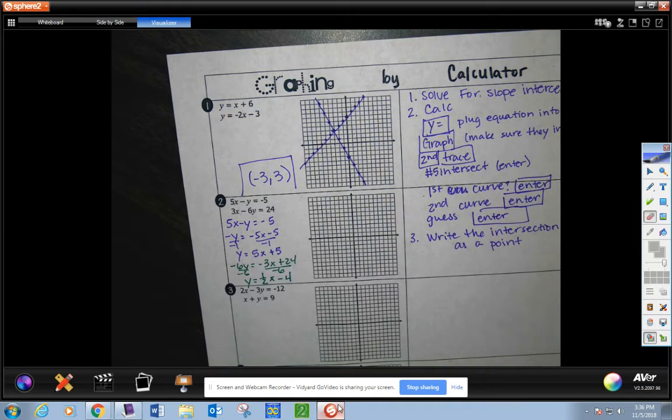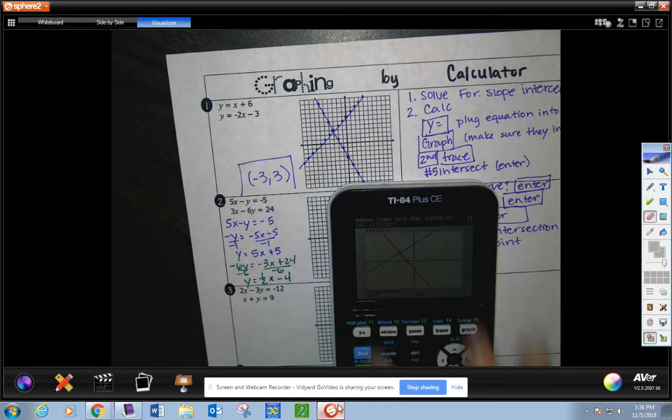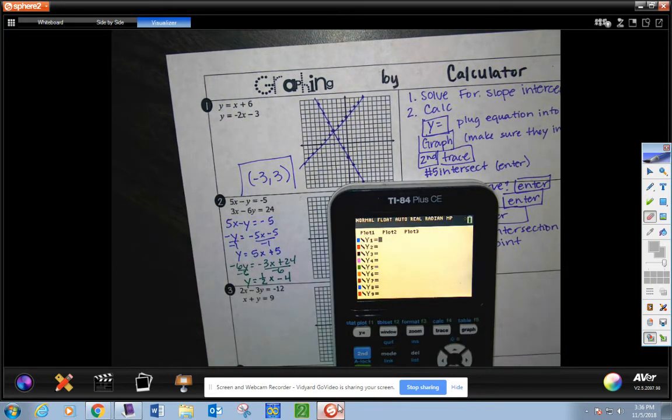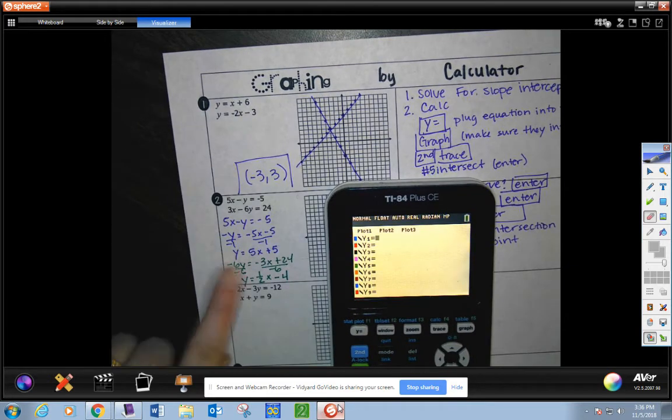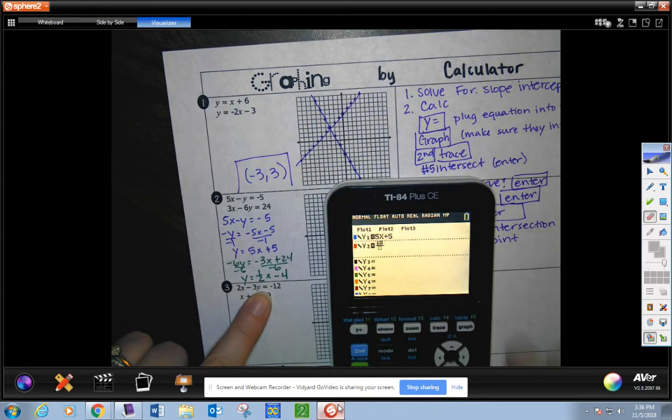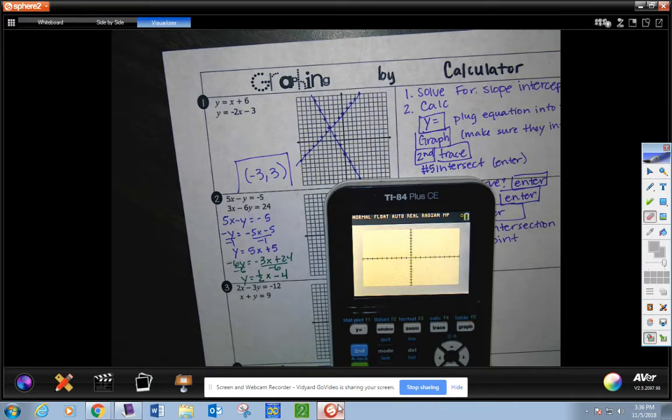Okay, now that I have both equations, I'm going to go back to y equals and clear them out. And I'm going to do my two equations. I have 5x plus 5, and I have 1/2 x minus 4. I'm going to graph it to make sure that they are intersecting lines.